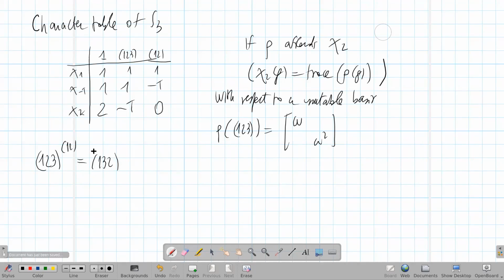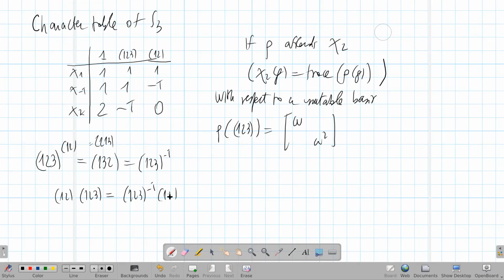Well, you find (2 1 3), which is then (1 3 2), and this is the inverse. And this can be written as (1 2)(1 2 3) equals (1 2 3) inverse (1 2).